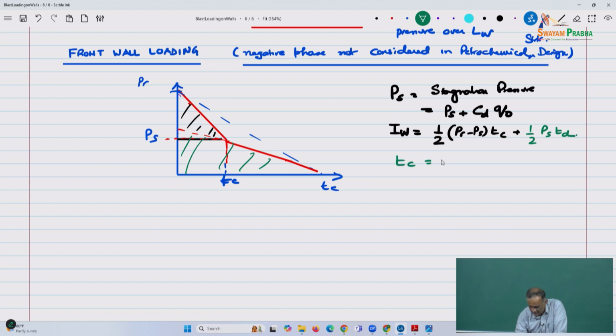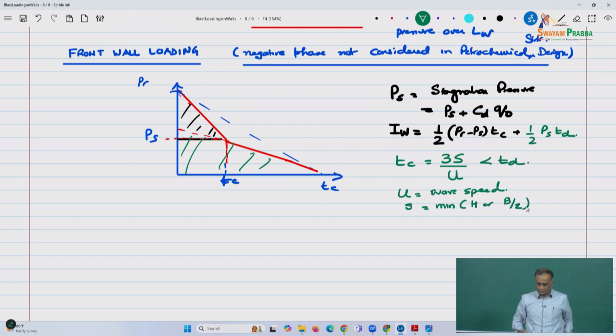And TC is given as a different expression, 3S divided by U, less than TD, and U is the wave speed, as we have seen before, and S is the minimum of H, the height, or B by 2, the width divided by 2.